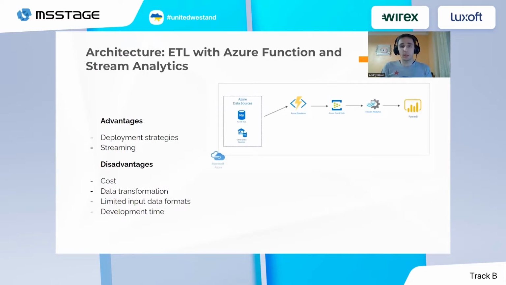The next was the architecture with Stream Analytics. Also streaming, near real time, with an Azure Function that gets the data from the data sources, puts it into Event Hub, then Stream Analytics, then Power BI. Looks cool, but we first need to transform the data from relational database tables into JSON, because Stream Analytics supports only JSON and CSV formats and is very limited in supported formats.